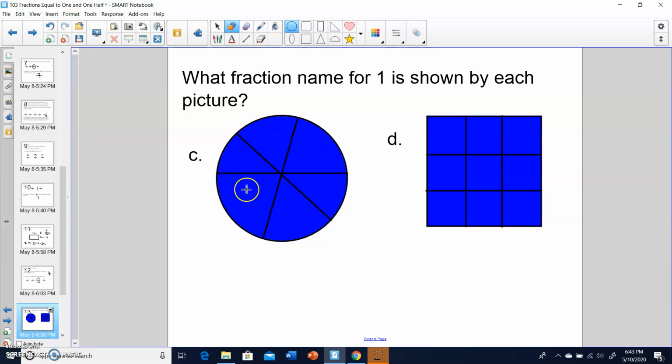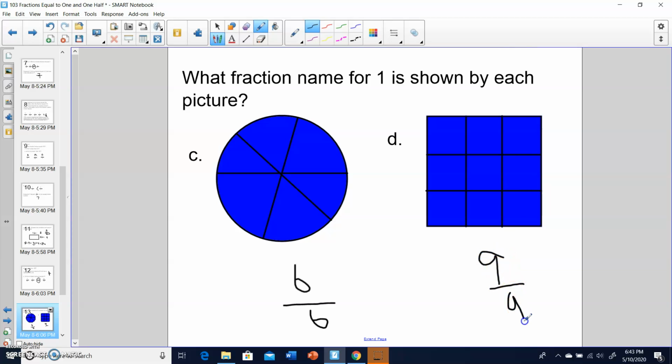So I have 1, 2, 3, 4, 5, 6. So my fraction name for 1 would be 6/6 for C. And then D, I have 1, 2, 3, 4, 5, 6, 7, 8, 9. 9/9.